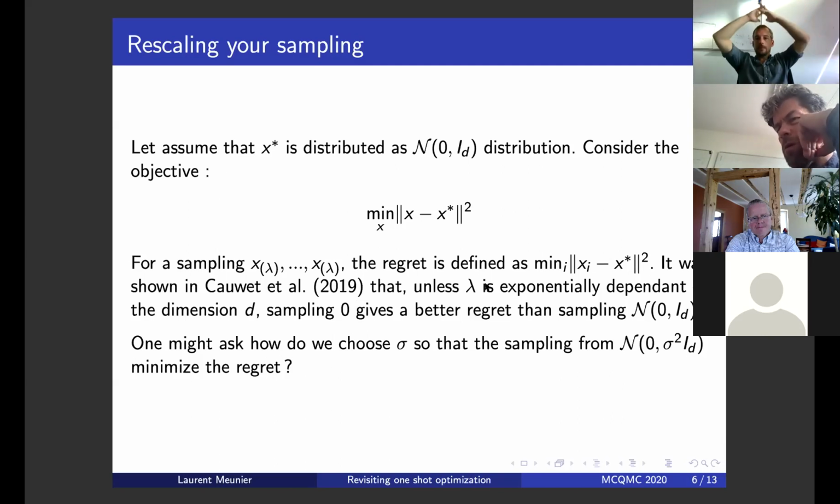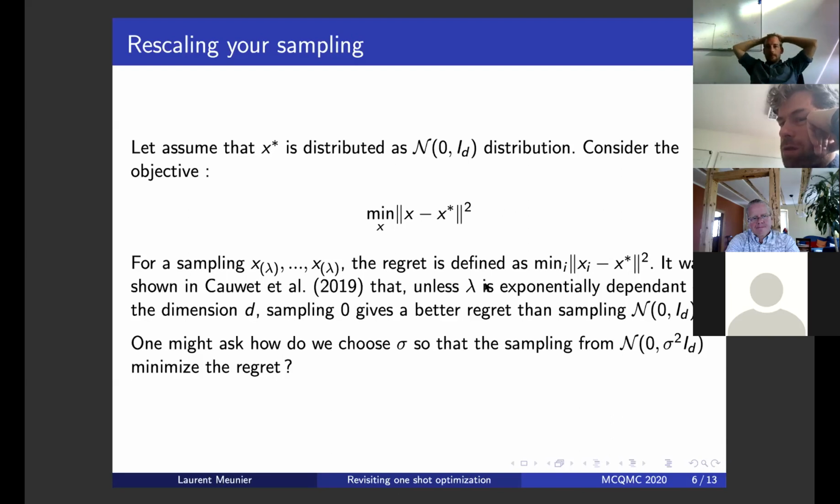So it's a counterintuitive result: it's better to sample only 0 than to sample lambda points from a centered Gaussian distribution.